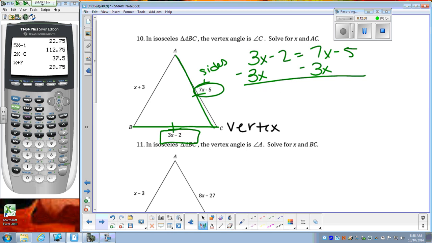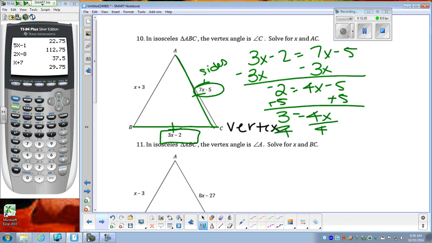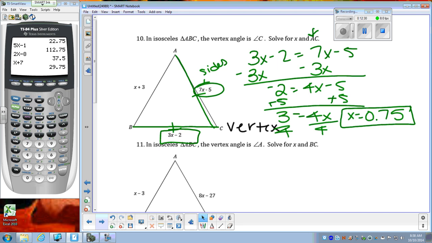Okay. Negative 2 equals 4x minus 5. Add the 5 to both sides. So 3 equals 4x. Divided by 4, I get that x equals 0.75. However, I'm not done yet because it's also asking me to look for AC. So for AC, I plug x into 7x minus 5.